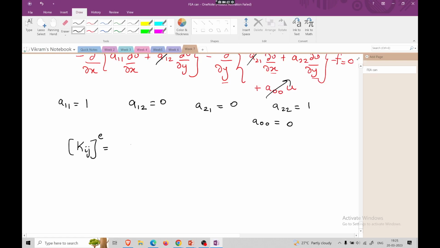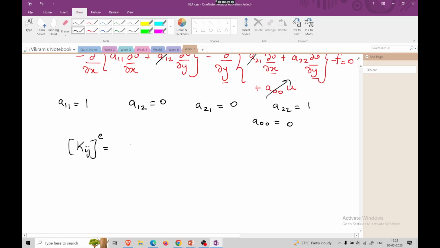Last class we discussed how this Sij comes; we did the weak form and got the formula. So a12, a21, a00 you can cancel out. Finally my Kij for the eth element will be a11 Sij11 plus a22 Sij22. In this case my a11 is also 1, so it will be simply Sij11 plus Sij22.